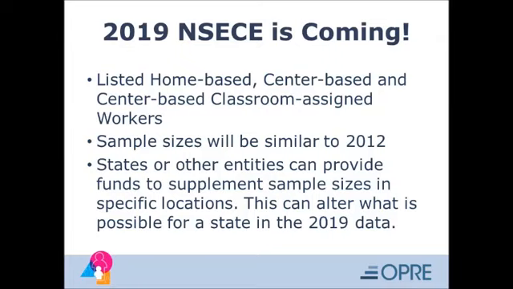However, OPRE is making available the option that states or maybe foundations could provide funds to supplement sample sizes in a specific location. So a state could choose to add 100 cases, 100 centers to its NSECE sample. And by doing so, that could fundamentally alter the types of analyses that are feasible for that state in the 2019 data.